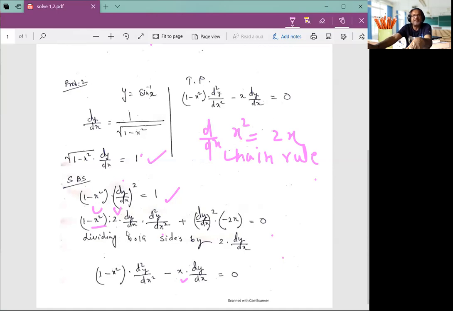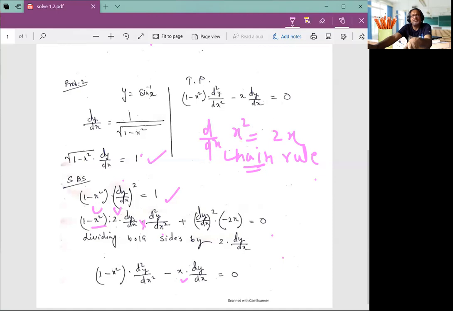Now x is dy dx here. This dy dx we are treating as x. Therefore, this is 2x. But as I have told you, you have to apply this chain rule, because it is not x actually. It was dy dx. So you have to write a chain, and we are writing a chain here.